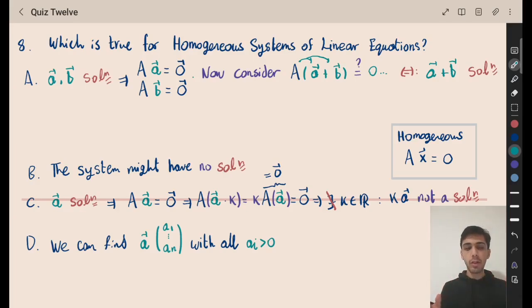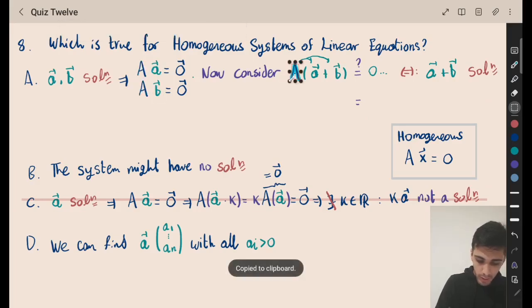So the sum of applying the matrix is equal to applying the matrix to the sum. It's a bit tongue twisting. That's why I was struggling to say it. But anyway, A is linear. It's a linear system of equations. And if it's a linear system of equations, then I can write AA plus AB.